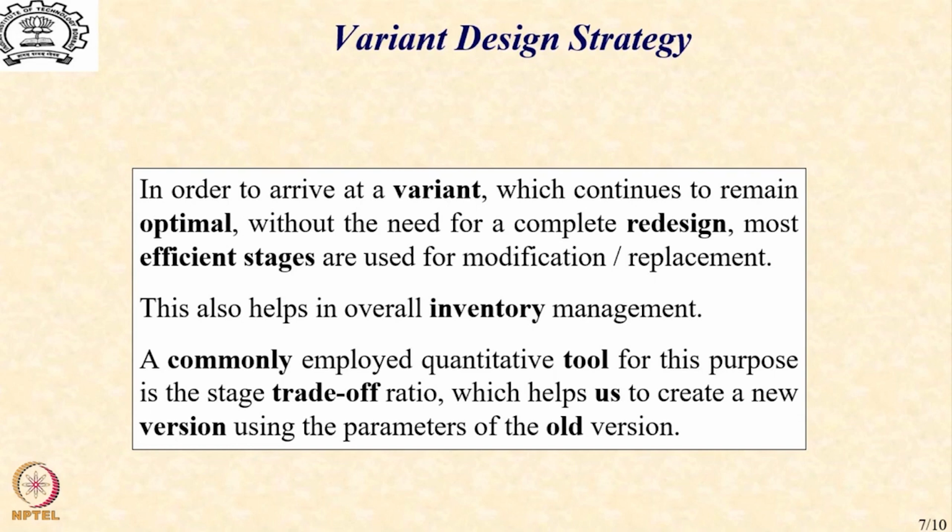And we realize that a concept called the trade-off ratio is a useful quantitative tool which helps us to create a new version using the parameters of the old version. So we make use of the parameters of the old version and then perform a trade-off analysis to find out which stage we should modify and in what manner to achieve the desired modified performance.